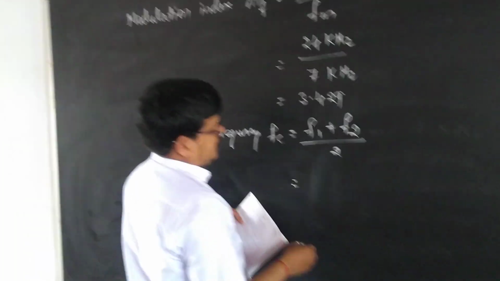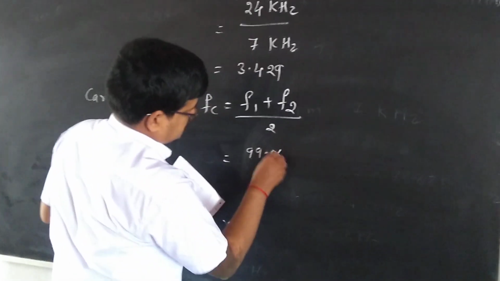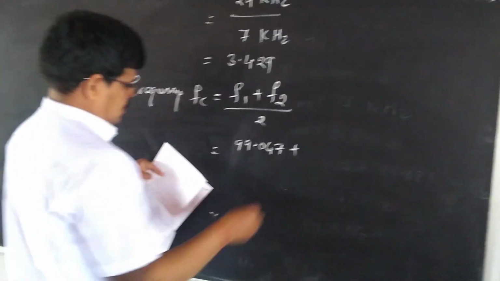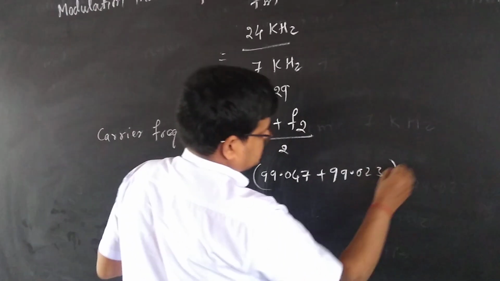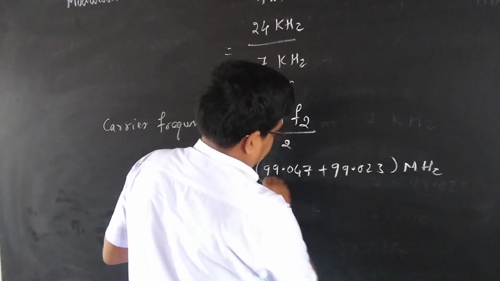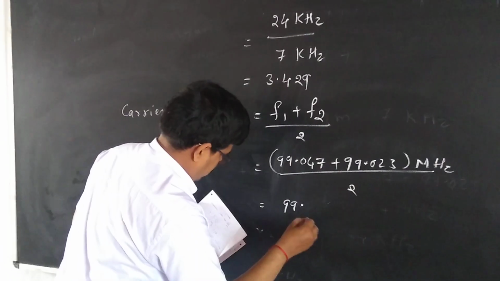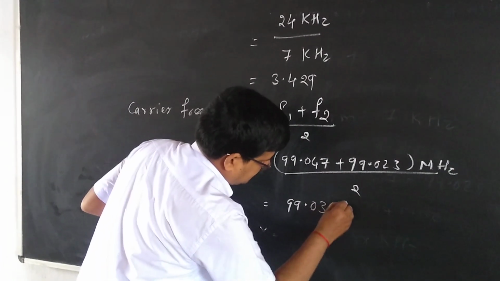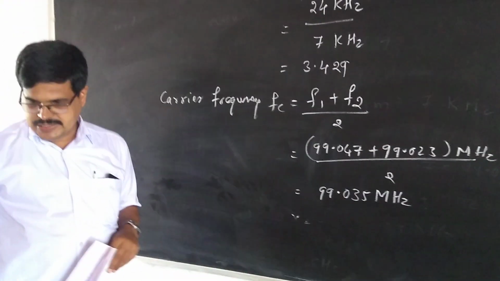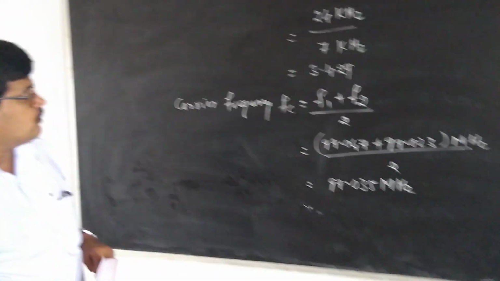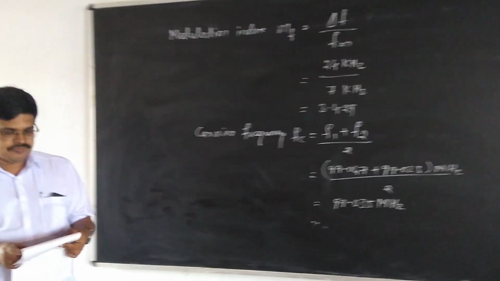So that is 99.047 plus 99.023 megahertz, divided by 2, which is equal to 99.035 megahertz. So this is the answer. So we have calculated all the parameters which are asked in the problem.